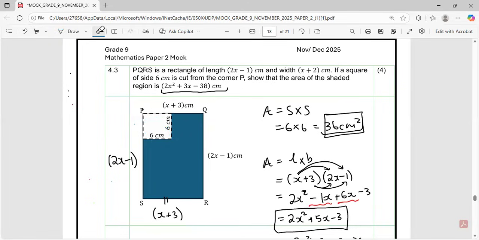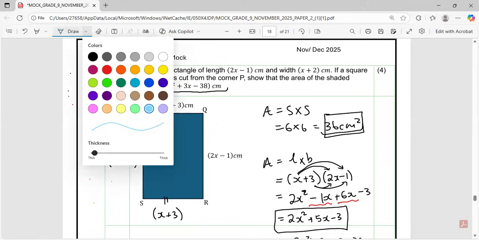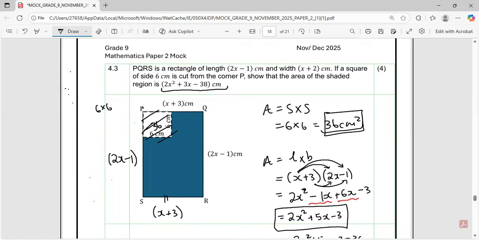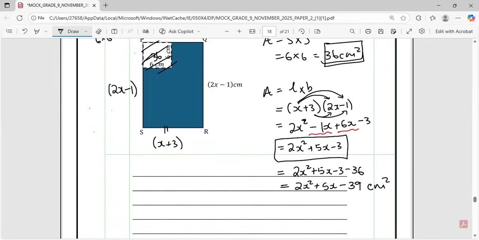The portion that he ate had an area of 6 times 6, which gave us 36. So we want to know how much cake we are left with. That's why we calculate the area of the whole cake, then we subtract the only one that Mr. Pitlele ate. And that's how we got that answer.